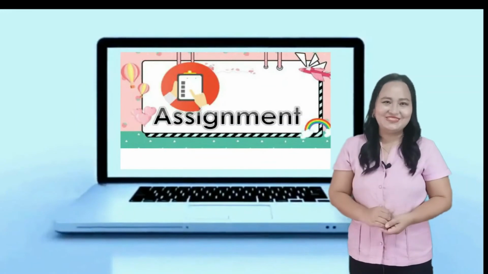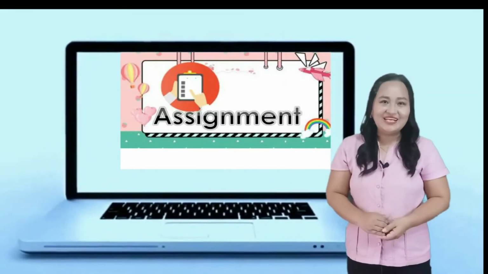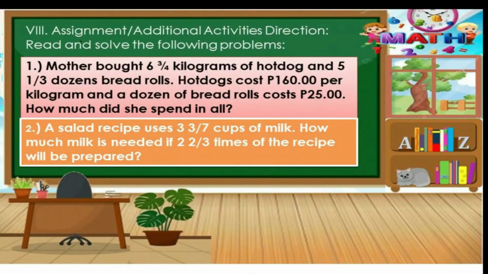Here is your assignment. Direction, read and solve the following word problems. For question number 1, mother bought 6 3/4 kilograms of hot dog and 5 1/3 dozens bread rolls.